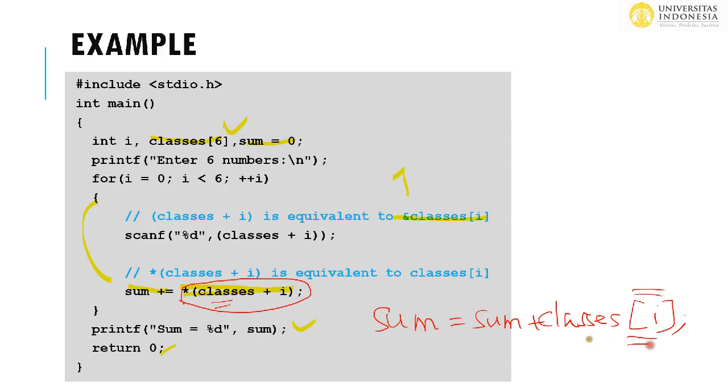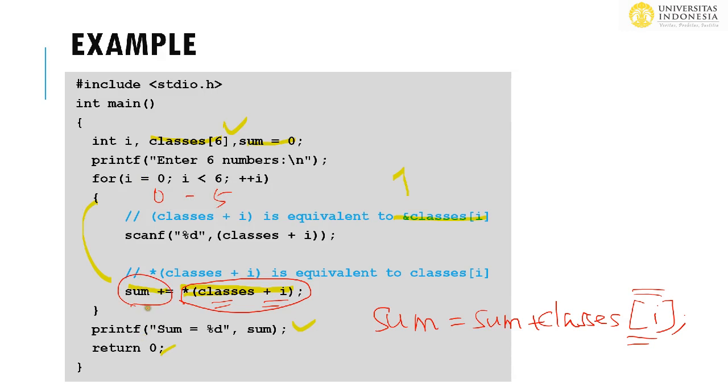Square brackets are just for showing you the index, but if you want to make it pointers, you have to mention the locations, the exact locations of those variables. So if classes is always increased by I, it means I is from 0 to 5, then you get all the 6 elements summed.